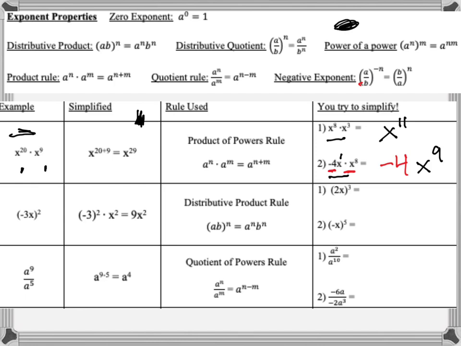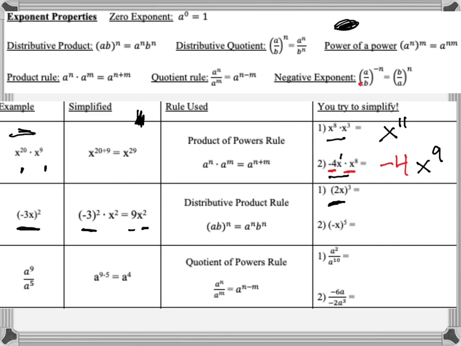There is a distributive rule for products that says if we have an exponent outside of a group of terms in parentheses, we distribute that exponent to both the coefficient and the variable inside those parentheses. So we have -3x all squared, which means we have to do -3 squared, which gives us 9, and x squared, which is just x squared.